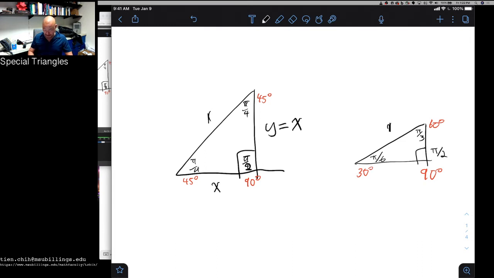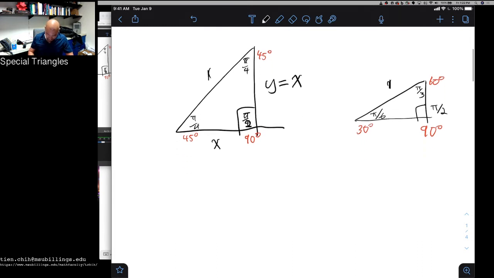So for this particular case, I know that in general x squared plus y squared is 1, because of the Pythagorean theorem. I guess it's technically 1 squared, but that's 1. And what I know is that x squared and y squared are the same.